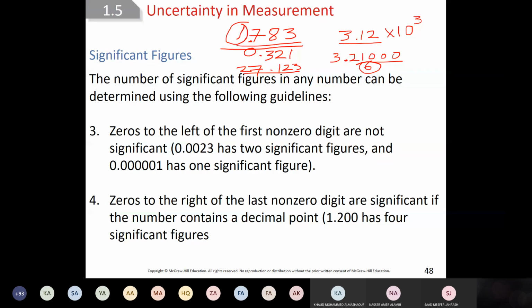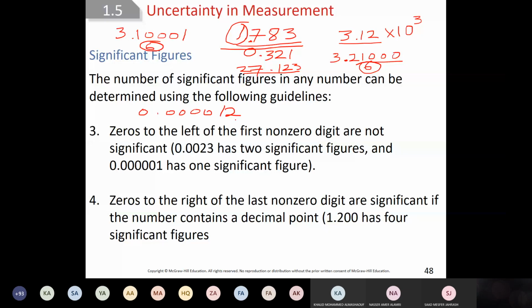If the zero is in the middle, for example, if I write 3.10001, how many significant figures also here? We have also 1, 2, 3, 4, 5, 6. 6 significant figures. Why? Because the zeros are in the middle. If the zeros are to the left, then how many significant figures here?